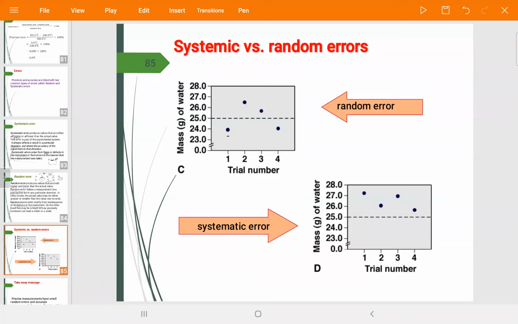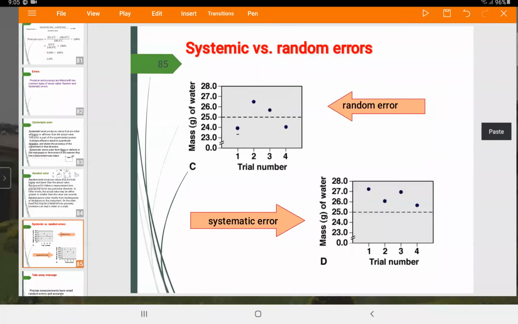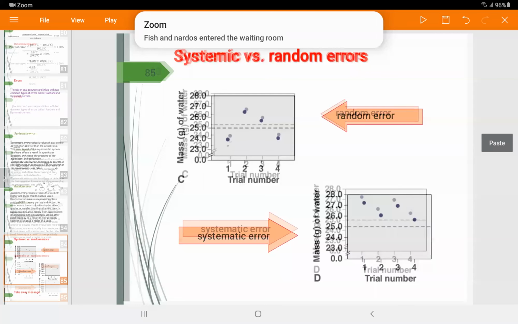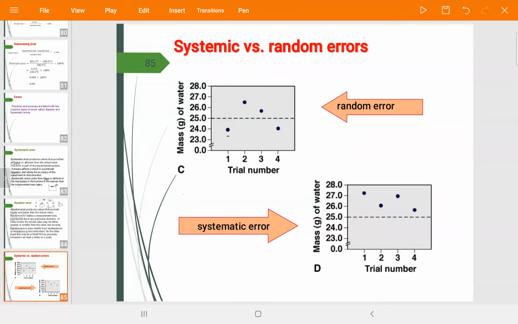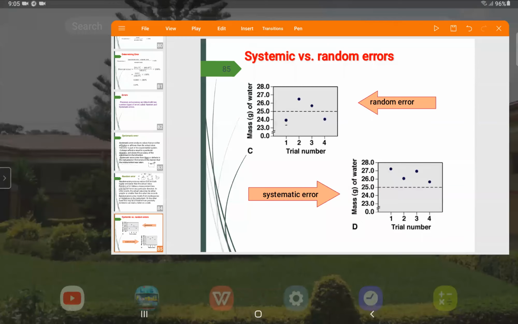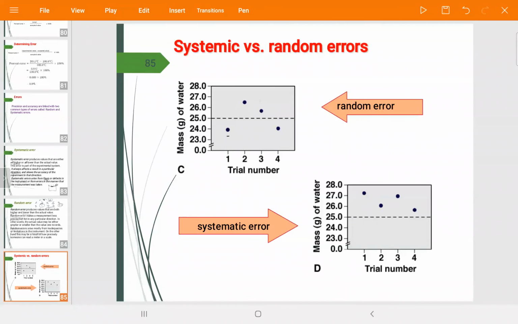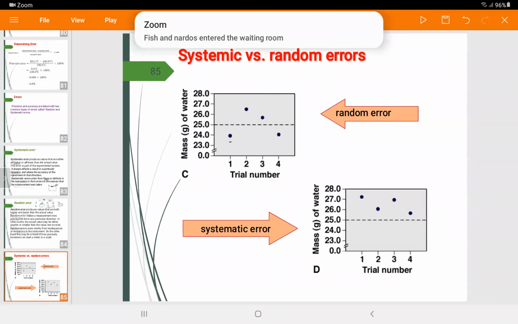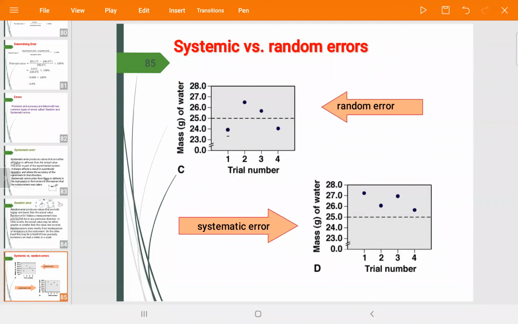Now, because the values are spread and they lie above as well as below the accepted value, we can say that the error that is incurred while measuring is random error.